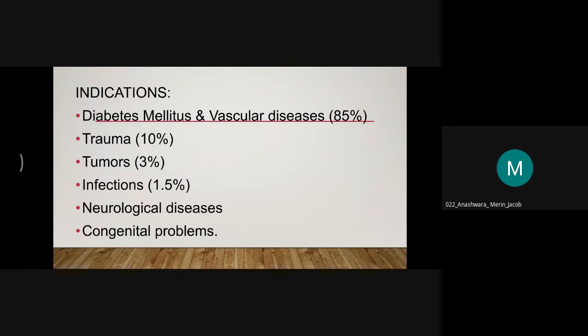The next one is trauma. And the tumors, mainly malignant melanoma, sarcoma, and other musculoskeletal tumors like osteosarcoma, which lead to amputation with the joint above. Then other infections, neurological disease, and congenital problems.